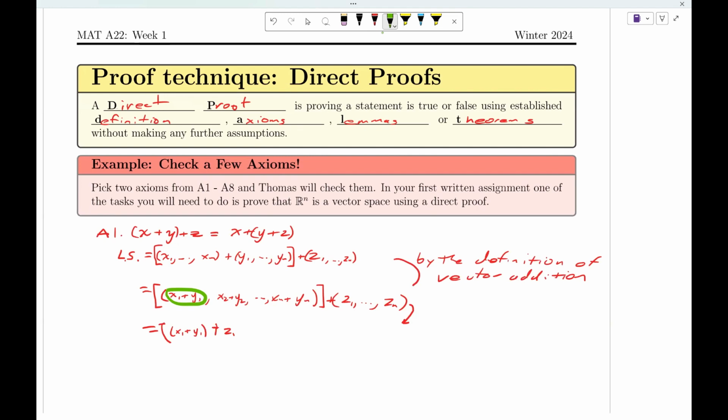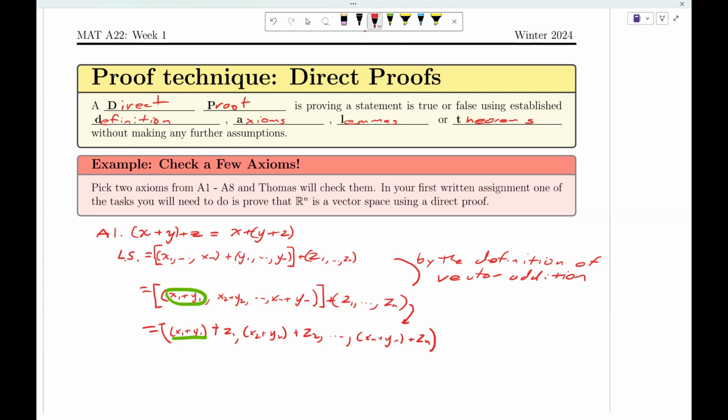Whatever that is, stays as a group, and we're adding z1 to that group. So we get x2 plus y2 plus z2, up to xn plus yn, all plus zn.